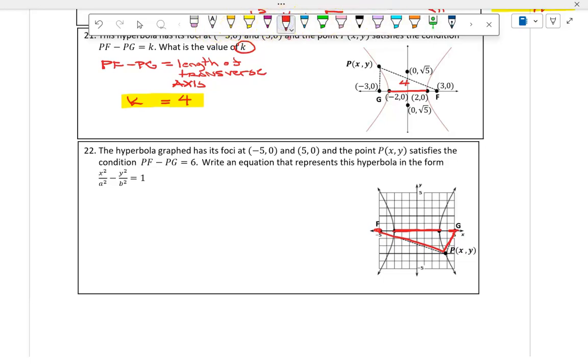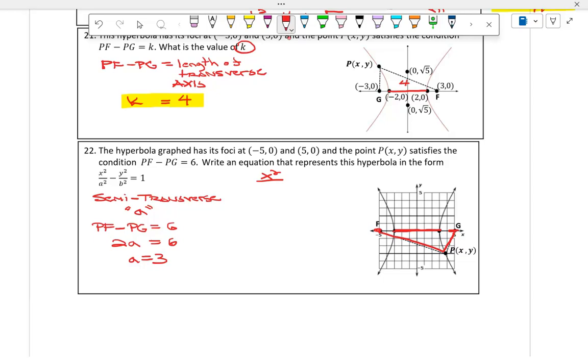All right, so we want to get the semi-transverse, that's A. All right, so I know my equation.